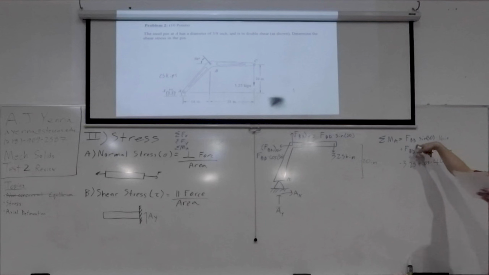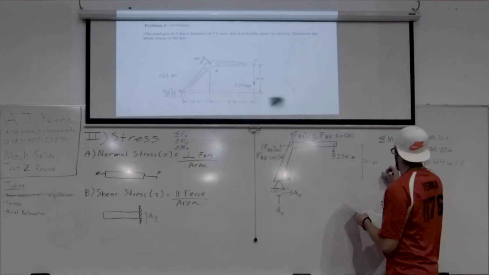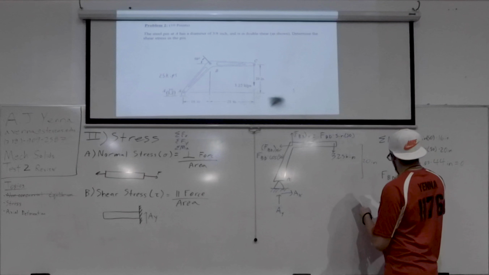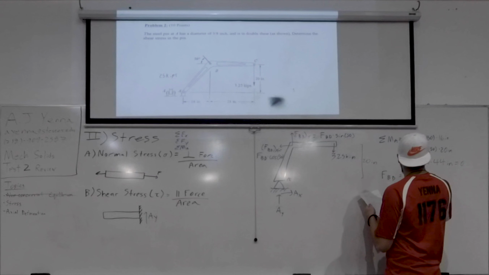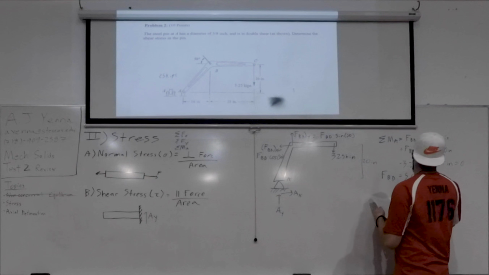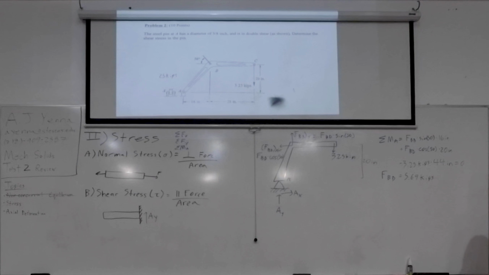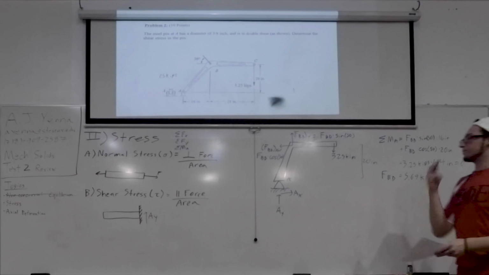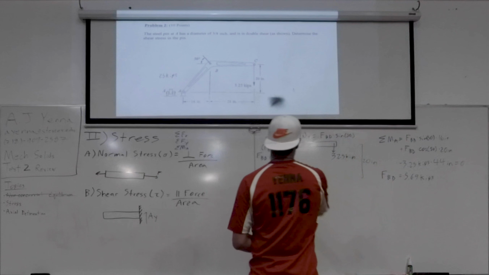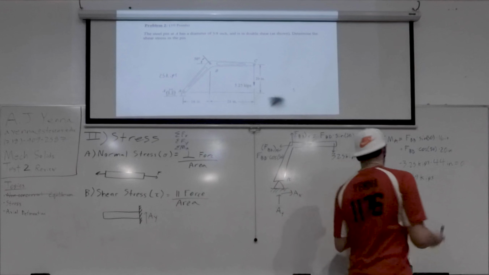Do a little bit of algebra. It spits out the force in BD is equal to 5.69 kips. That's the first of the three. So now we're solving for AX and AY, same thing.